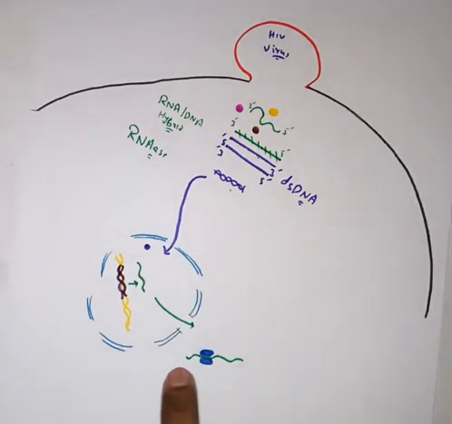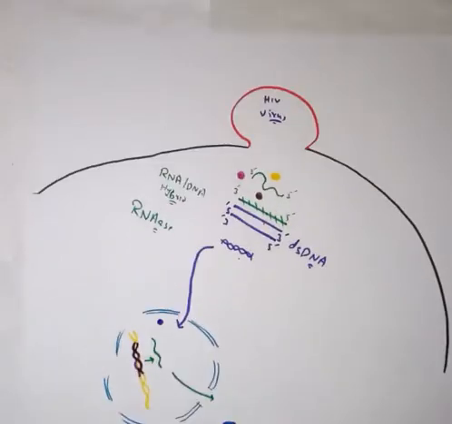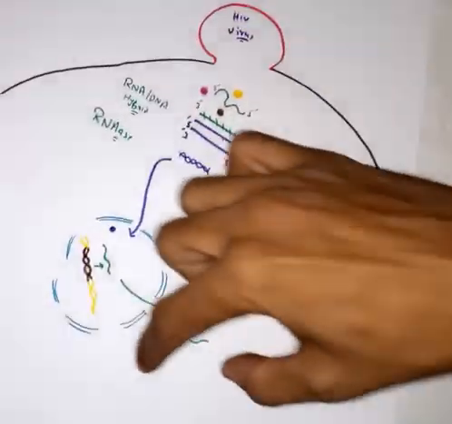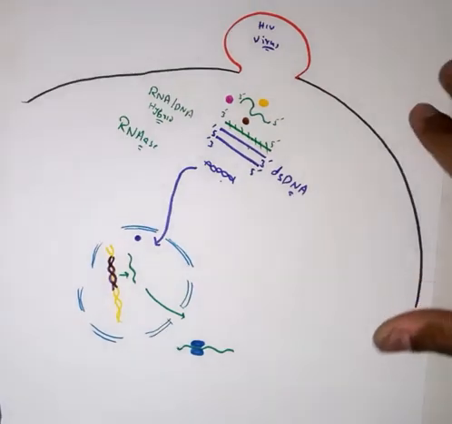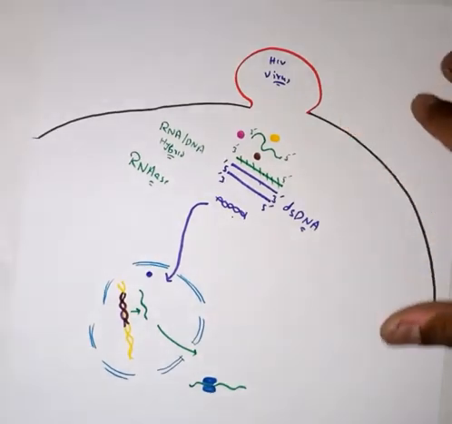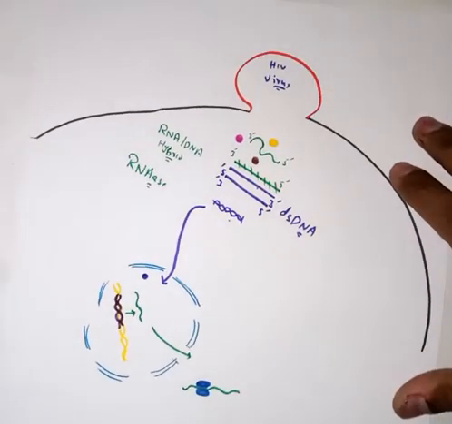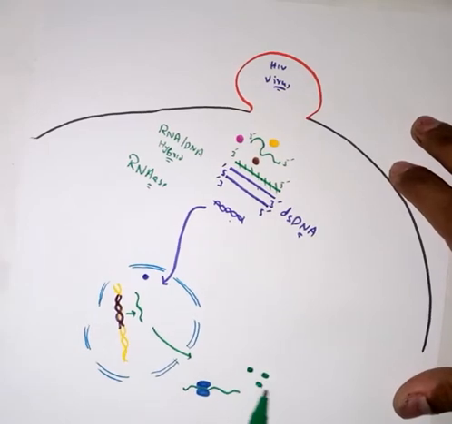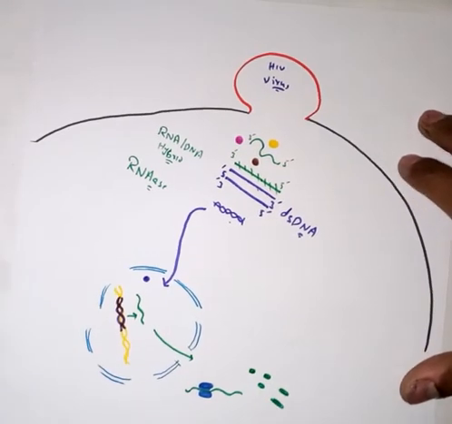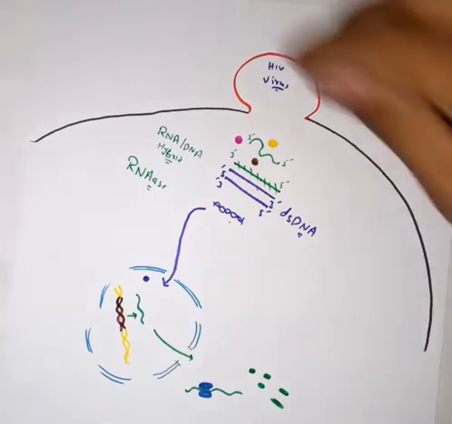Now this whole RNA, this complete RNA that was present inside the virus, will get translated. So it means all the important proteins present in the virus will start forming.